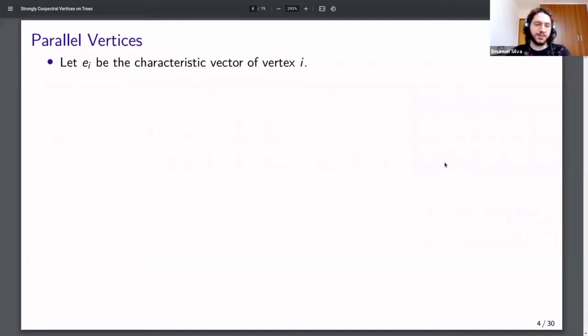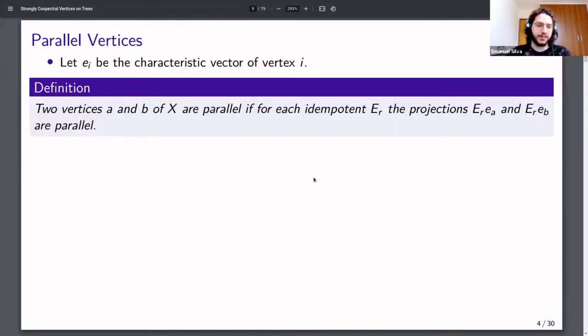But before jumping to the definition of strongly cospectral vertices, we need to define some things first. So let e_i be the characteristic vector of vertex i. We say that two vertices a and b are parallel if for each idempotent E_r, the a-th column of E_r and the b-th column of E_r are parallel.